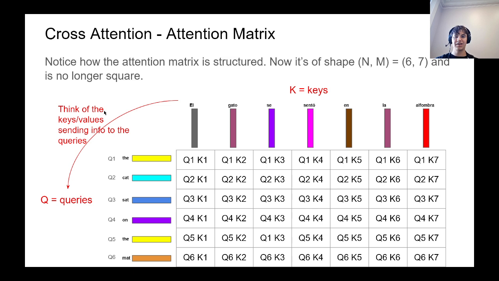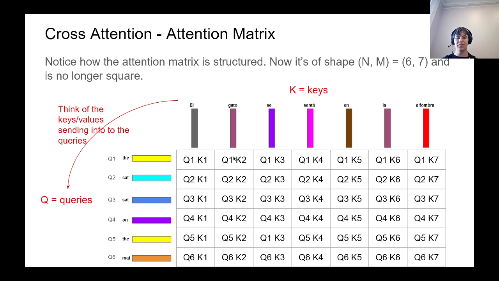So cross attention. Again, I have this arrow here saying keys send information to our queries. So notice how this is structured. This is not like before, where we had a 6x6 matrix. This is an n by m, 6x7 matrix. And what this represents is this one here. So this one represents the word the. The word the is going to be an inner product with every Spanish token, so every token from the conditioning sequence.